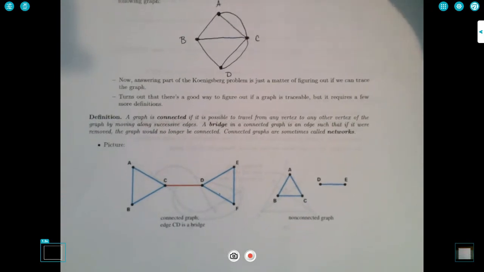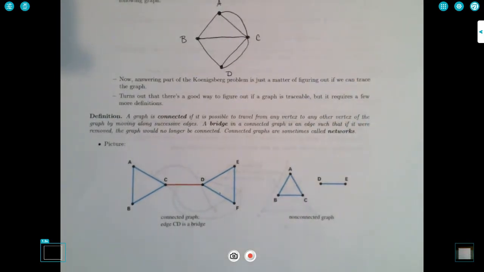Okay, but first we have to give some definitions. A graph is connected if it is possible to travel from any vertex to any other vertex of the graph by moving along successive edges. A bridge in a connected graph is an edge such that if it were removed, the graph would no longer be connected. Connected graphs are sometimes called networks, and so you can kind of see why this would be useful in, say, computer science.